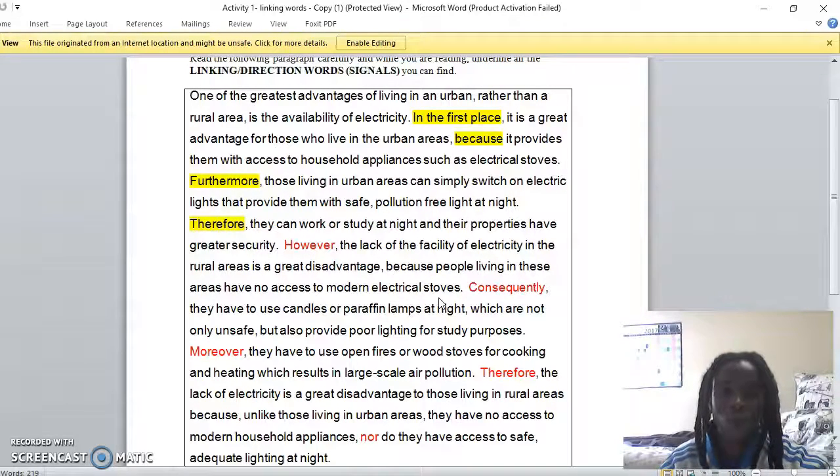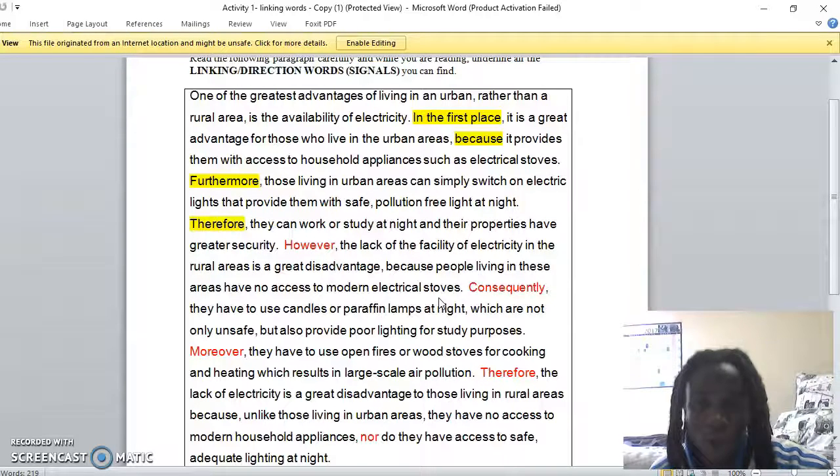What the writer is doing here is giving us another view or another perspective of people experiencing challenges in rural areas. And obviously the logical connector or the signal he would use is that change of direction, which is "however" in this situation.